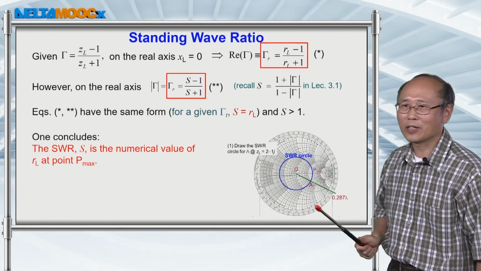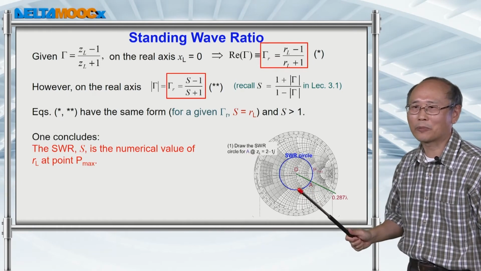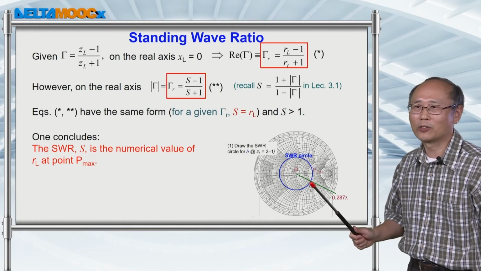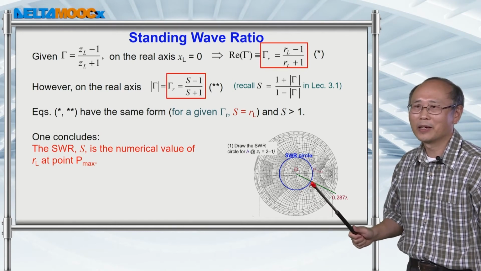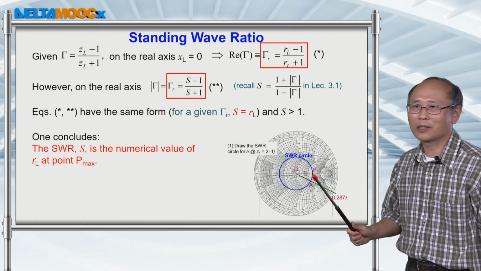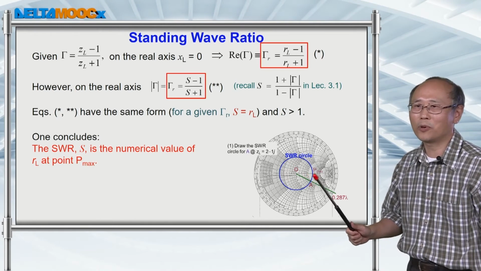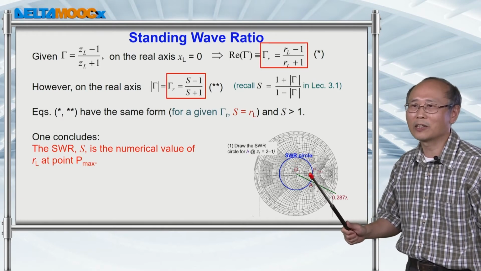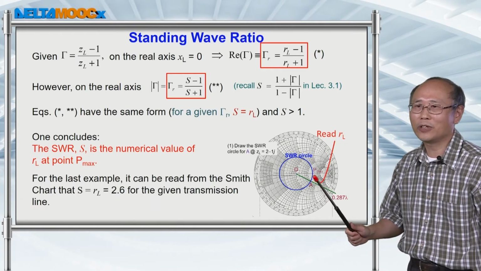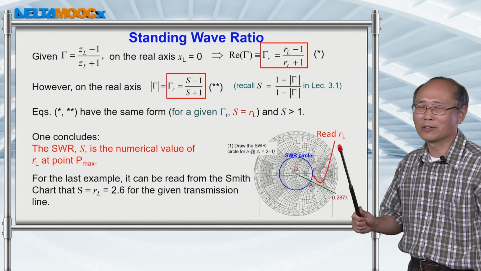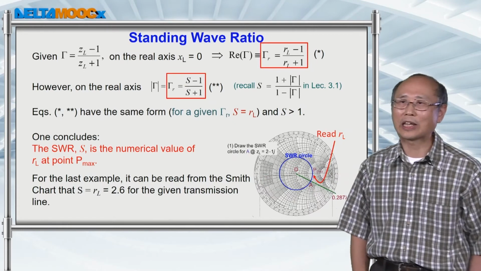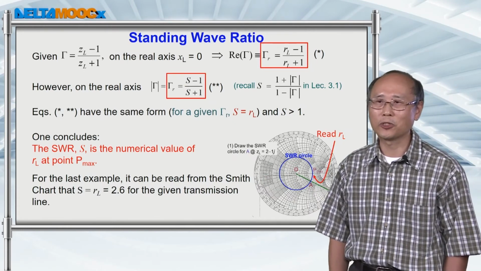So previously we have such an SWR circle on the Smith chart. And then, for example, we have a load impedance right here. And then we go to this location. This is the point where you intercept the SWR circle on the real axis. And then just read the R_L value. Then you will have the S value, which is the standing wave ratio of this transmission line.